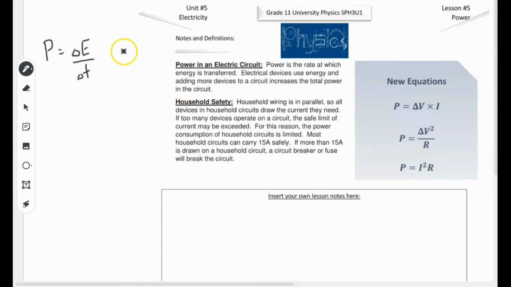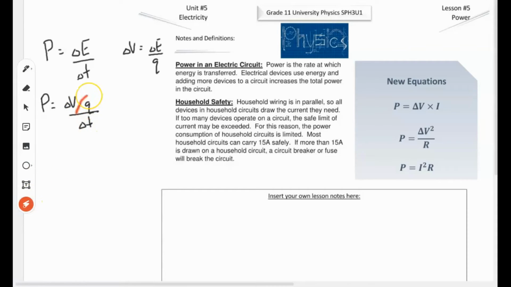But we've also learned that potential difference is the amount of energy a single charge would have. So it's change in energy per unit charge. Now, if I rearrange for energy, I can get potential difference times charge, and I can put that into our power equation. So instead of energy, I will write potential difference times charge all over time.